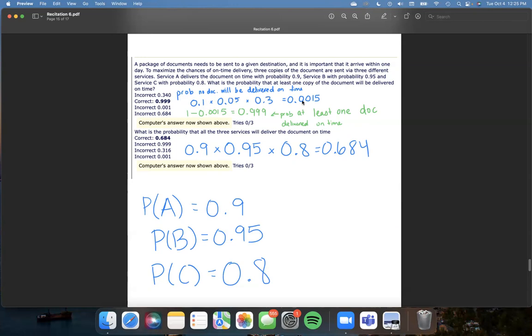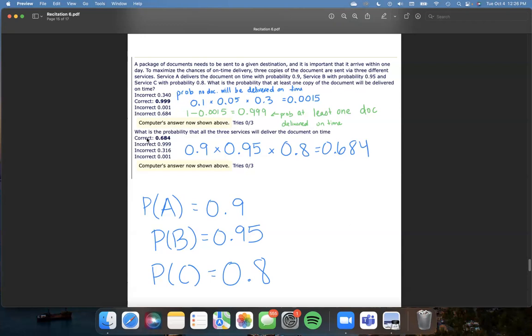So when I multiply all these, I get 0.0010. But remember, this is the complement of what we're interested in. So we're going to do 1 minus that, and that gives us 0.99, which is the probability at least 1 document is delivered on time.